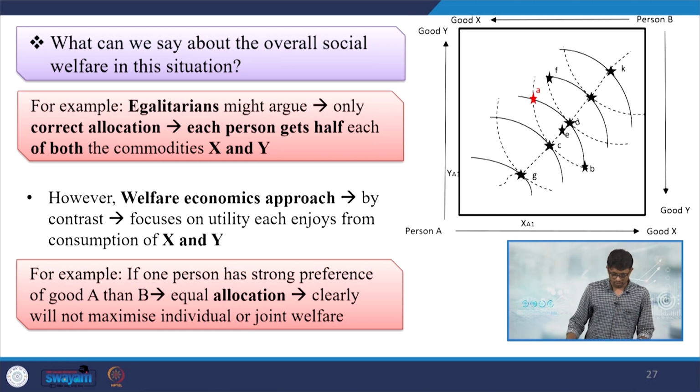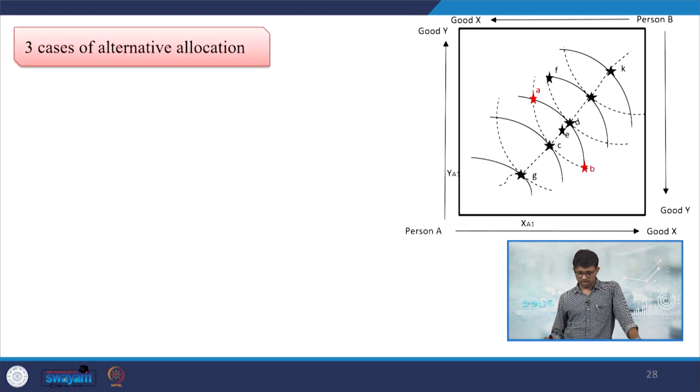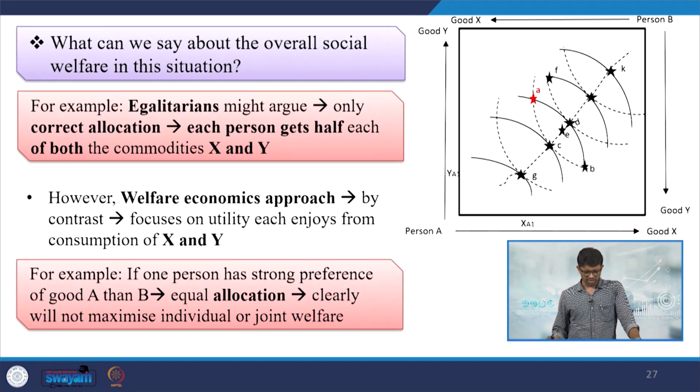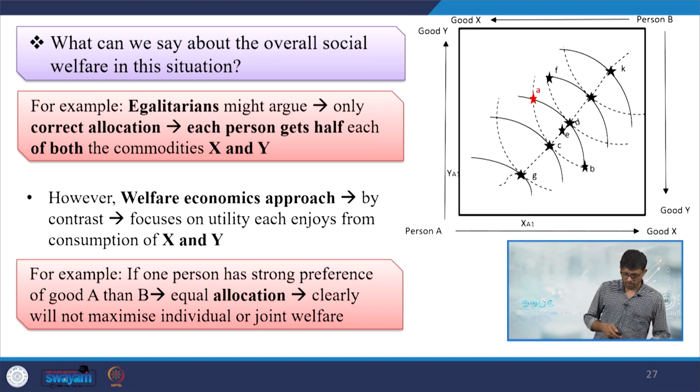Whereas in the welfare economics concept, you see the points A and B which we have highlighted over here are actually indifferent to both persons, and both persons can easily exchange their basket of commodities because these lie on the same indifference curve.